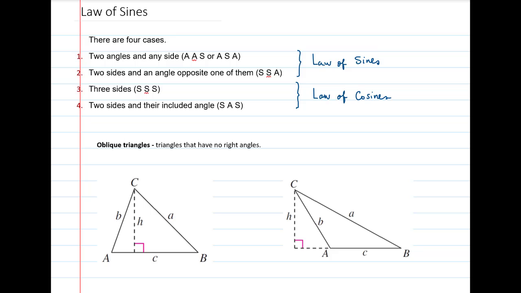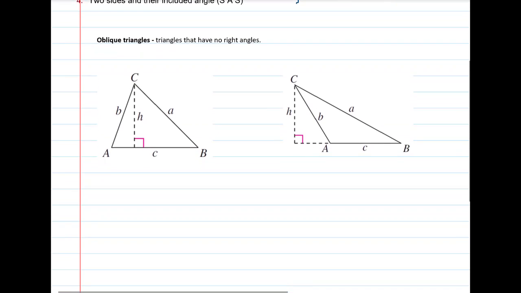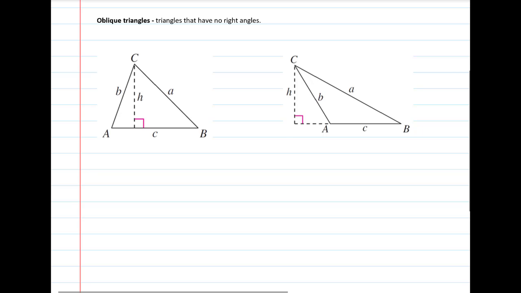Now our convention here is going to be labeling the angles with capital letters A, B, C, and the opposite sides to them are going to be labeled by the lowercase letters a, b, c. So you see angle A is opposite to side a, angle B opposite to side b, and angle C opposite to side c.